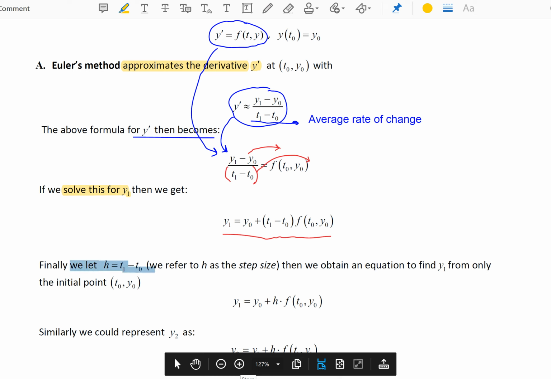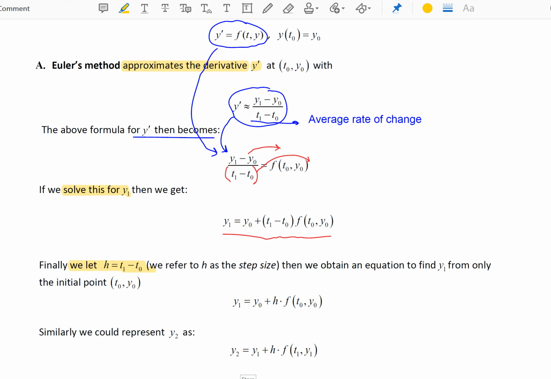Finally, we let h be t1 minus t naught. We refer to this as the step size. Then we obtain an equation for y1 from only the initial point (t naught, y naught).